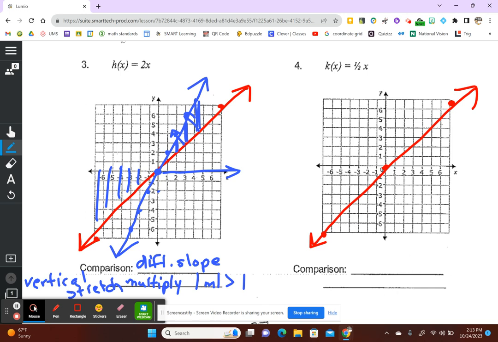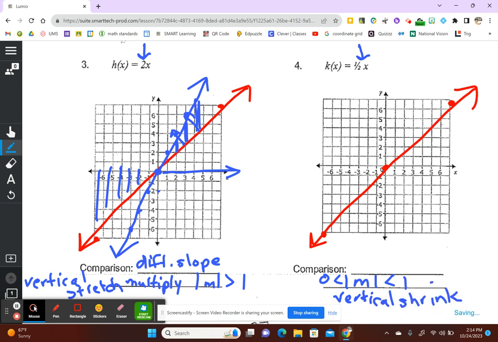And how do we know when something stretches? When the absolute value of the slope is greater than 1. So let's look at this next one. Obviously, the absolute value of this slope is not greater than 1, so this is not going to be a stretch. When the absolute value of the slope is in between 0 and 1, that's a vertical shrink.